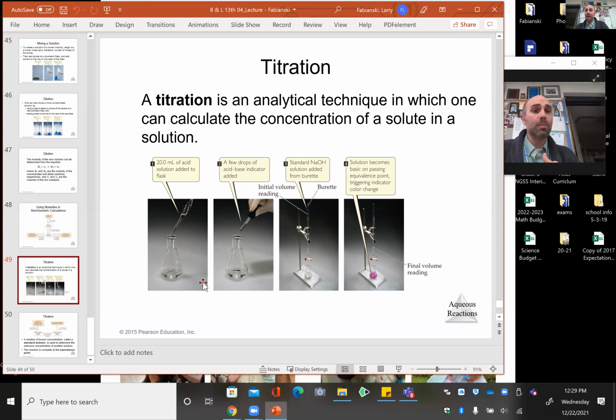And with every drop you're adding a small amount of a known concentration. In this case, it is sodium hydroxide, a base, to react with that acid. Now, we know from our acid-base reactions that this produces water and a salt. It also looks at the indicator point. And when we reach that point of equilibrium, we have a color change.